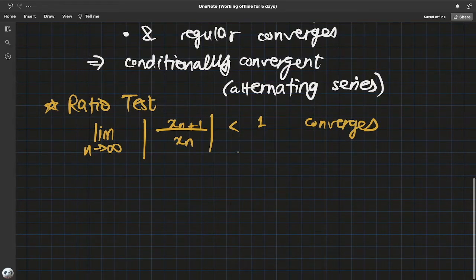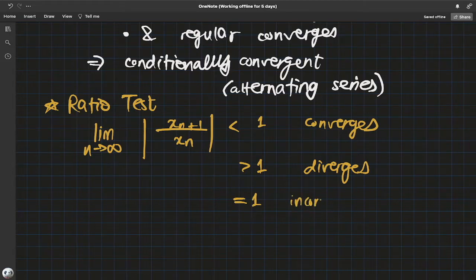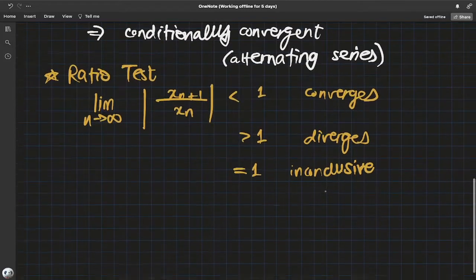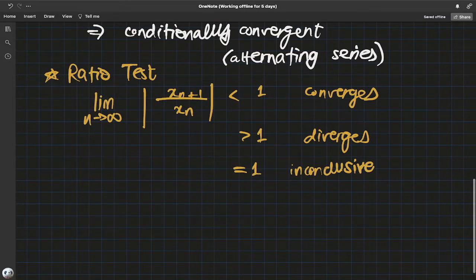If it's greater than 1, it diverges. If it's equal to 1, then the ratio test is inconclusive, which means it may or may not converge, but the ratio test can't give you a definitive answer.